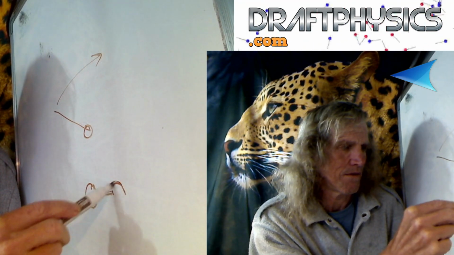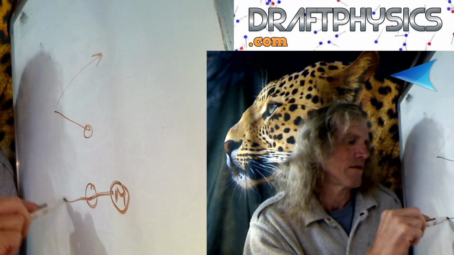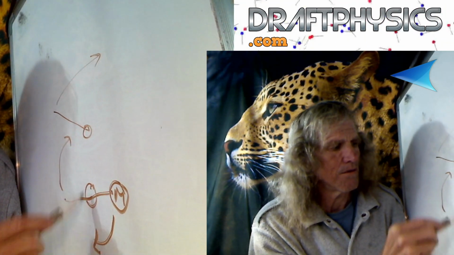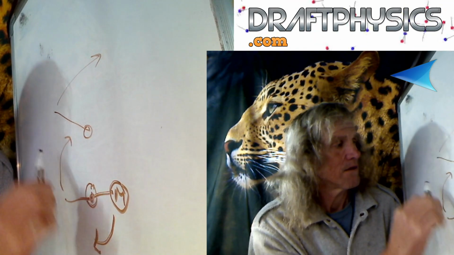You're moving a heavy mass into gravity and then throwing something by swinging the mass down below the fulcrum.